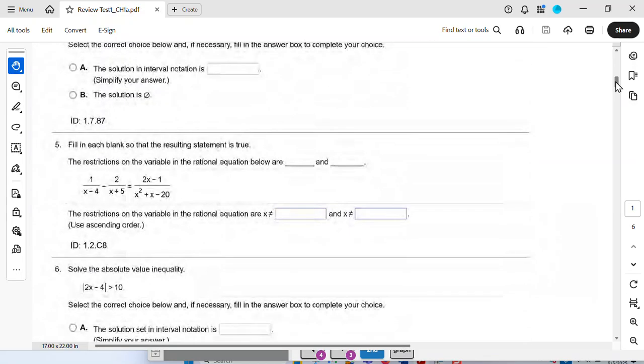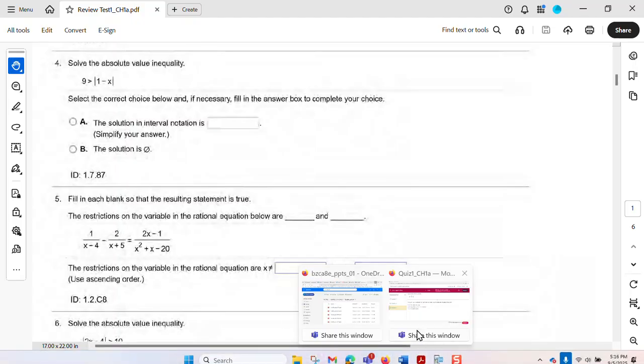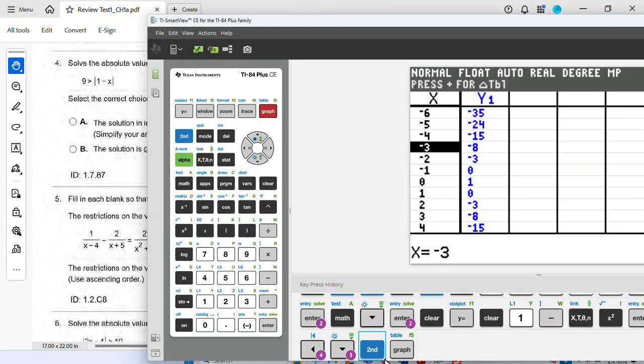All right, this is section 1.7, so this section will be solving absolute value inequalities. All right, so this one right here, you have to remember two formulas. Okay, so let me just go ahead and open this PowerPoint very quick.